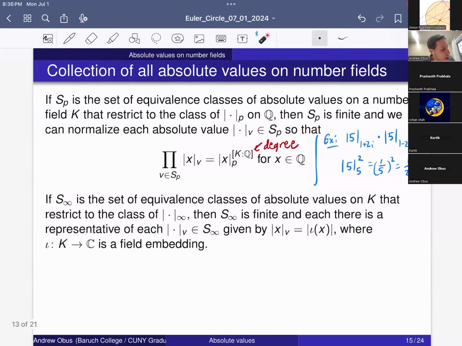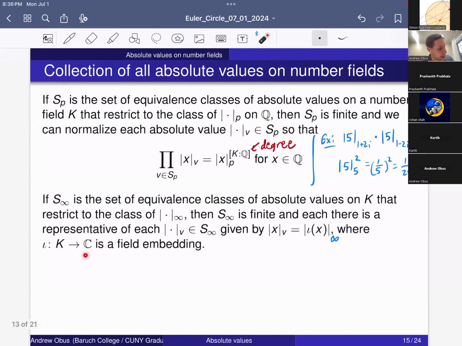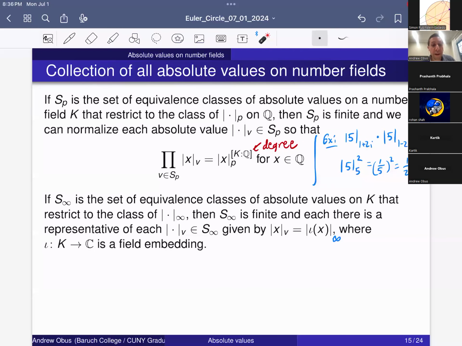Well, you take what's called a field embedding from your number field into C. This just means a map, a function from K into C that preserves addition and multiplication and subtraction and division. Okay, and so for all of the different ways of taking these maps into C, you then just take the standard absolute value, although what I mean now is the standard absolute value on C, not on R. And all of these different ones are the different absolute values that you have.